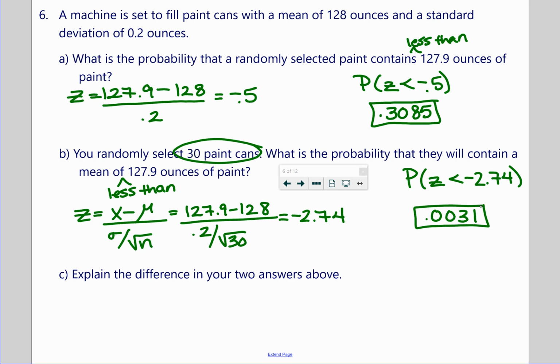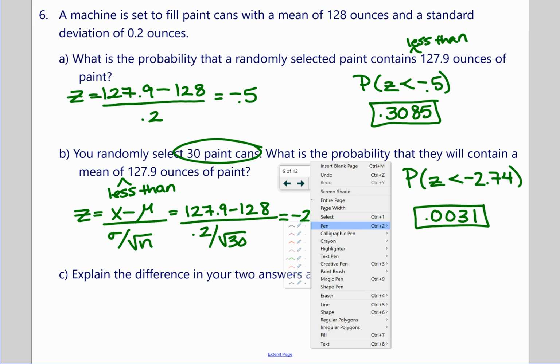All right, so why in part B do I get a significantly smaller probability? Why is that happening? It has to do with the fact that we've got that sample size.